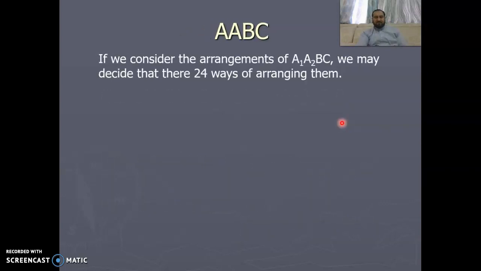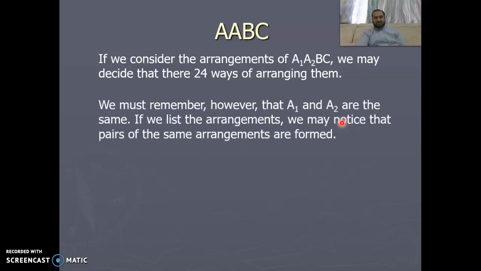And then if we consider the arrangements of A1, A2, B, C, we may decide that there are 24 ways of arranging them. So in this way we must remember, however, that A1 and A2 are the same. If we list the arrangements, we may notice that the pairs of the same arrangements are formed because A is going to repeat over here.